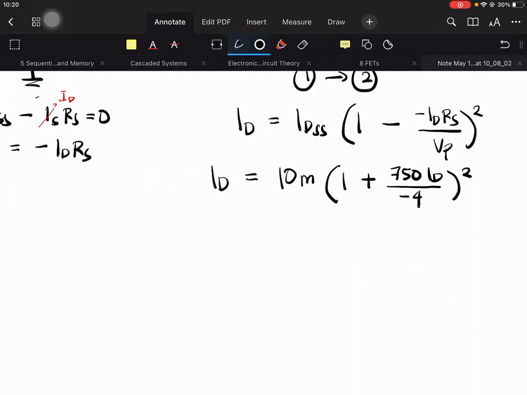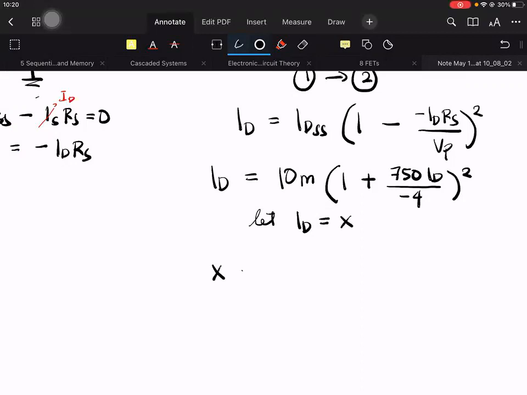To keep it simple, this is my own simplified way; you will not necessarily use this. Let ID be equal to X, so it's easier to see mathematically.